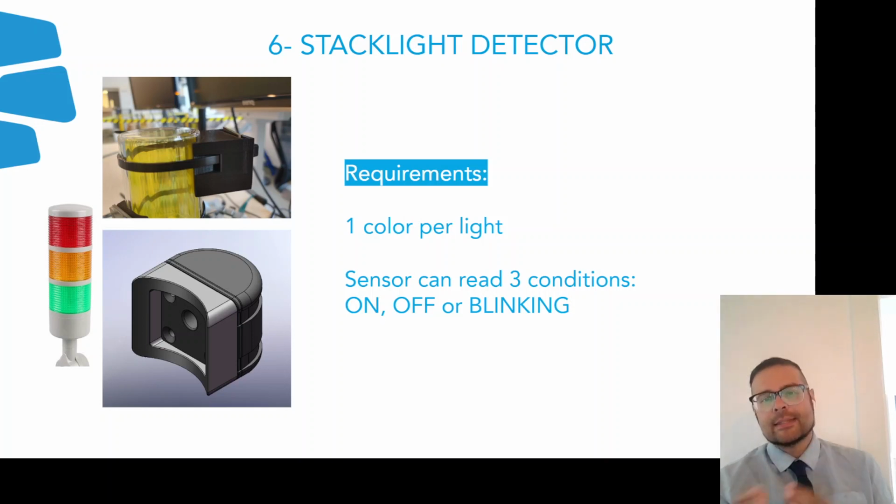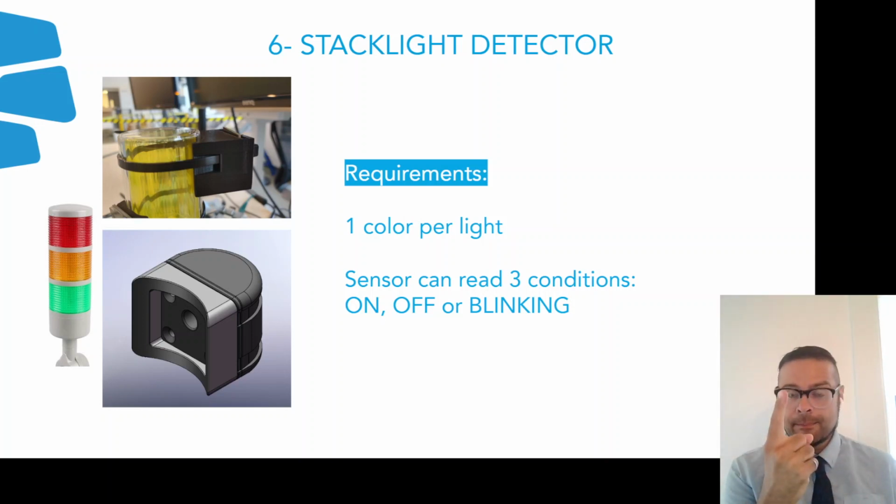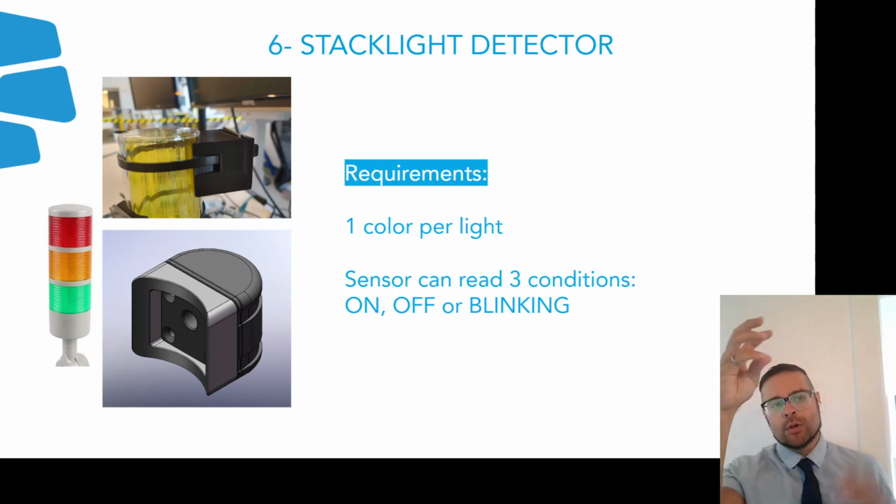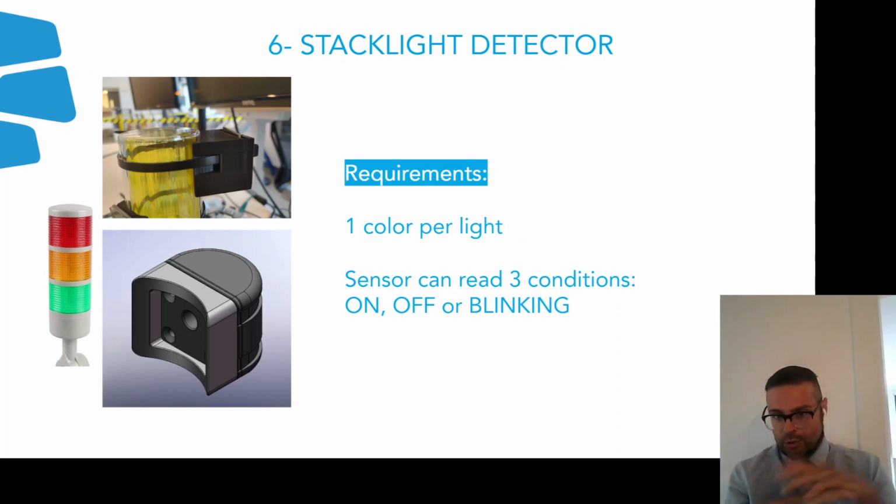There's three things that the sensor can tell. It can tell if the light is on, if it's off, or if it's blinking. Okay, it can tell 3 states, 3 conditions for each light. So that's very interesting. And keep in mind that it can only read if the light is on or off. It cannot detect the color. Okay, so if you put one on red, one on green, one on yellow, then you're good.